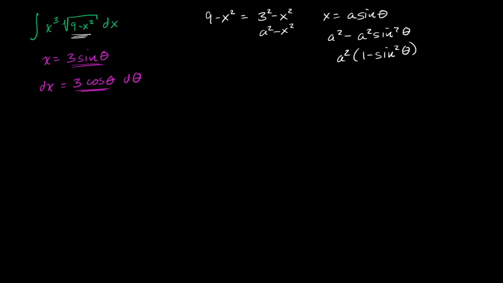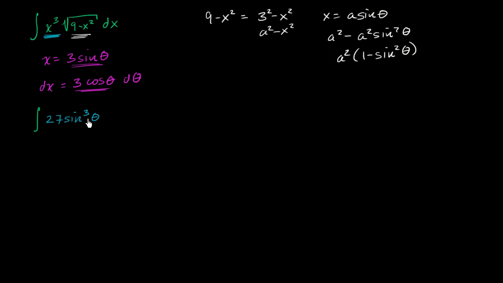Our original expression now becomes 3 sine theta to the third power, which is the same thing as 27 sine, actually let me color code it so you know what parts I'm doing. This part right over here, x to the third, is now going to become 27 sine to the third power of theta.